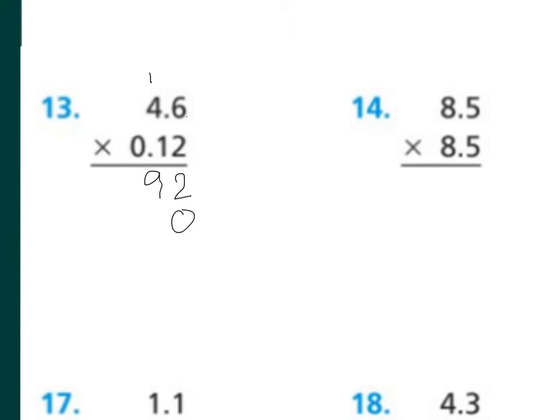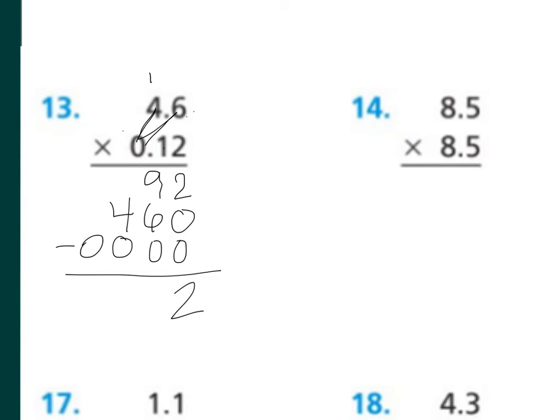Placeholder. 1 times 6 is 6. 1 times 4 is 4. Now I need 2 placeholders. Placeholder, placeholder. 2, 0, 0. We're going to add all of this together.